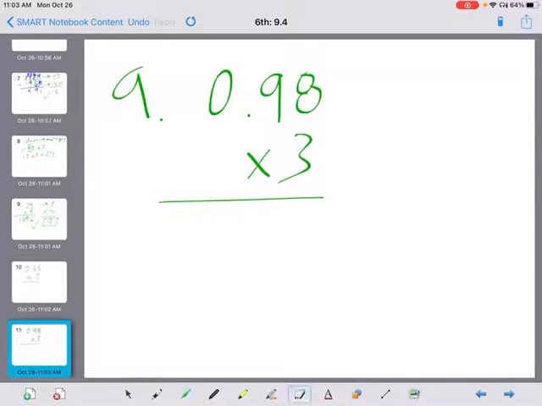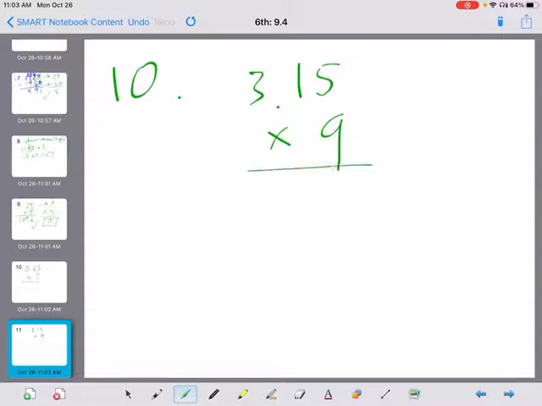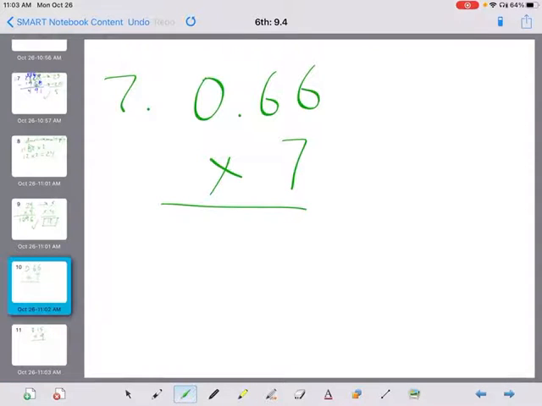Actually, you know what? That one is too similar to the first one. We are going to change this one. Instead of 9, let's do 10, where it says 3.15 times 9. So go ahead and do those two. Estimate your answers afterwards to see if you got the right answer, and then come back and look at these.